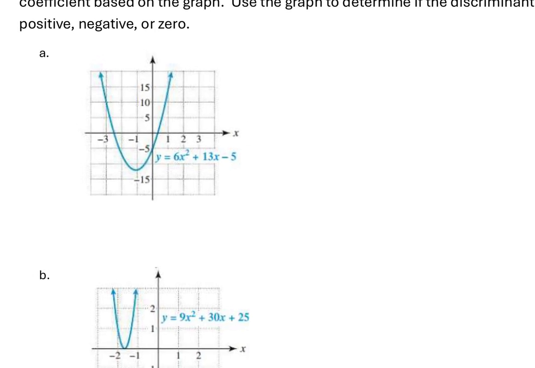Okay, the first one we have is y-intercept. I always start with y-intercept. It's the easiest thing to find on these. And so my y-intercept, again, sometimes called the vertical intercept, is going to be (0, -5). Remember that we do want these in point form.